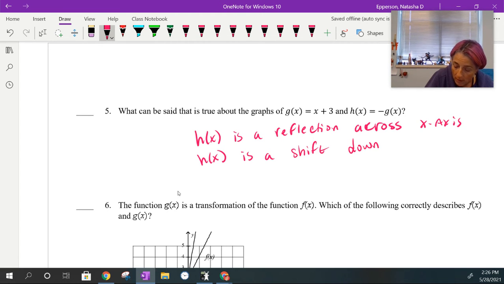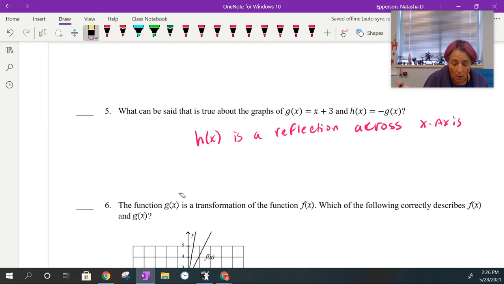Actually, sorry, not a shift. All we're doing is we're reflecting because we're changing the g of x. So h of x is a reflection. That's all we're saying.